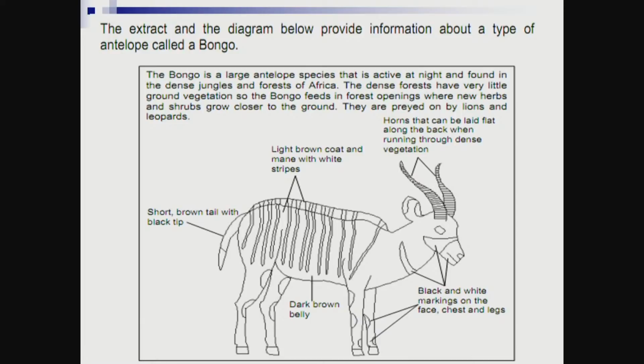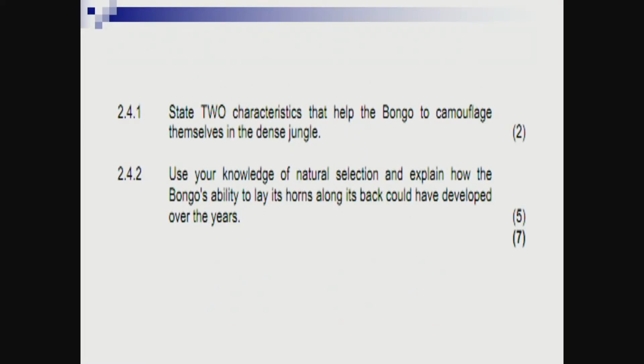They survived because they didn't get caught up in the thick bushes. The ones that could not lay back their horns were caught up in the shrubs and the bushes, and the predators ate them and they died. So the favorable characteristic was horns that can lay back, and that was carried over to the next generation.